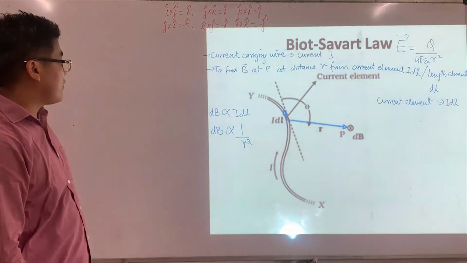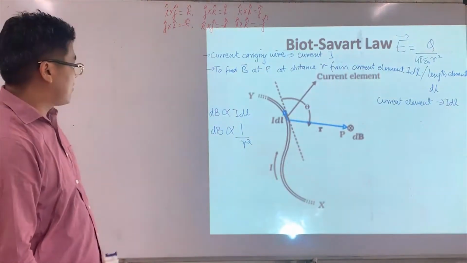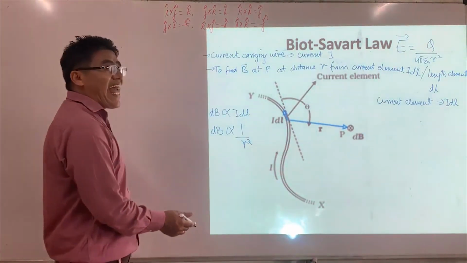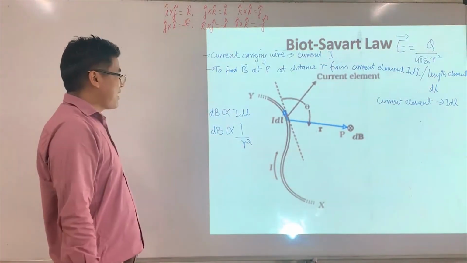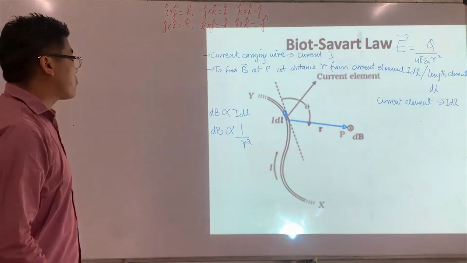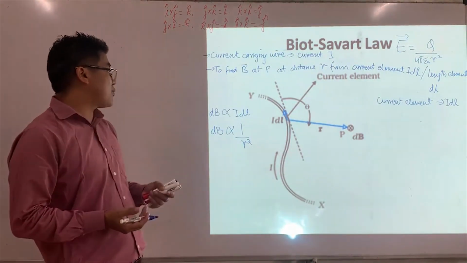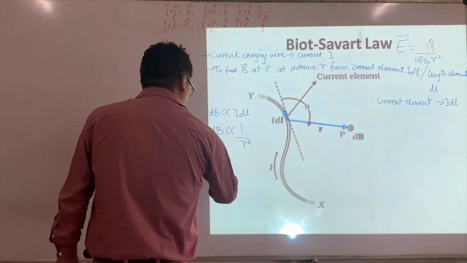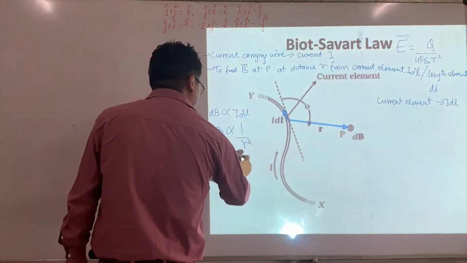So I dl acts like a discrete charge, and the magnetic field is proportional to the inverse square of the distance between dl and P.